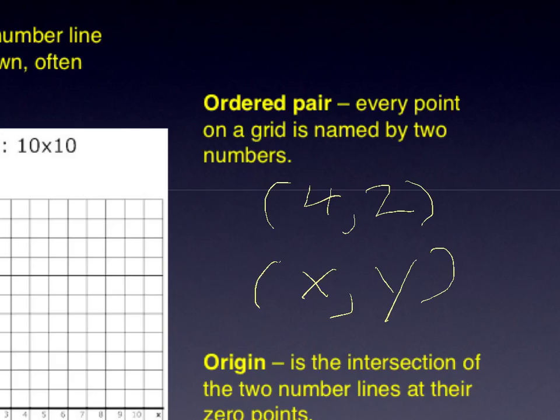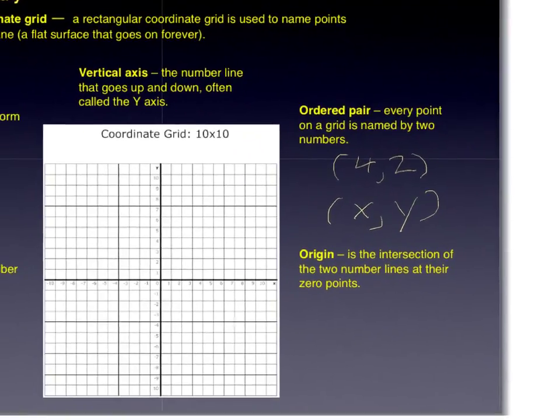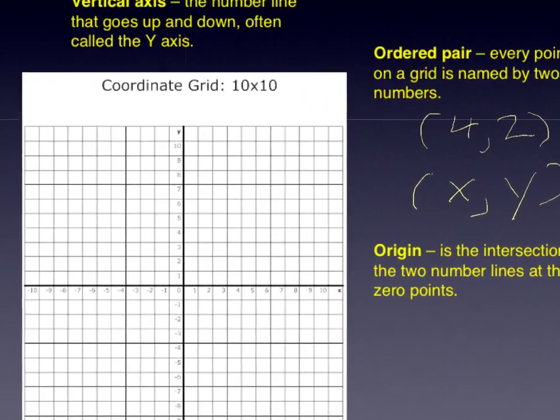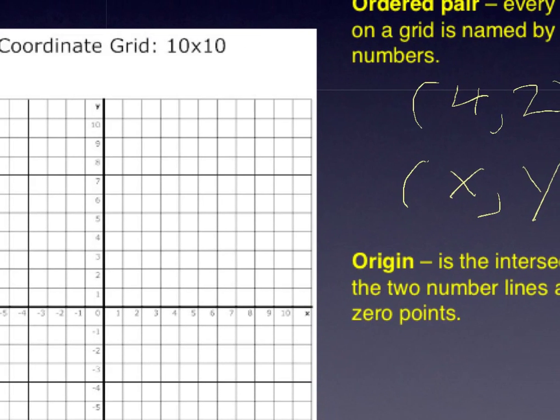So let's find our 4, 2. Here's the x-axis, and my point 4 is right here. Then I go up 2 for the y-axis, so I go 1, 2, and that's where my point goes.